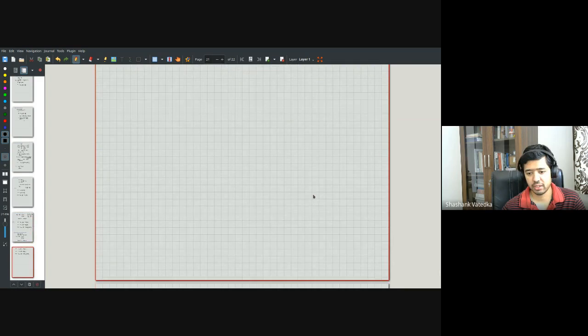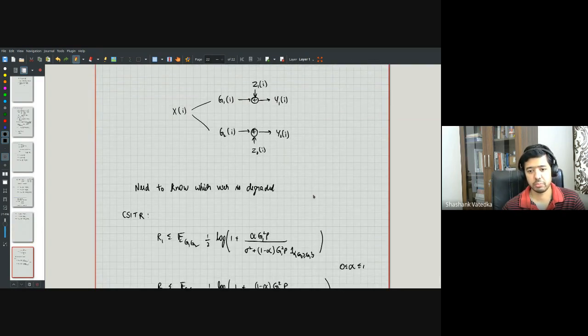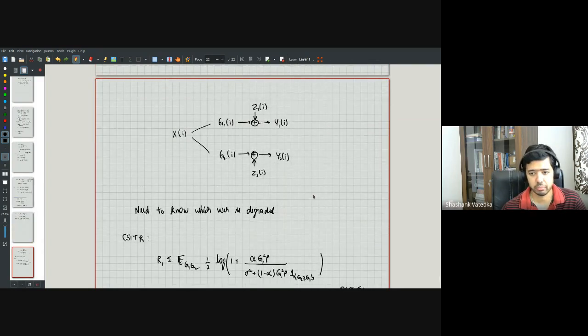So these results can, almost identically, be used for degraded broadcast channels as well. Again, there's nothing new over here, but one subtlety is that suppose you have a fading broadcast channel.